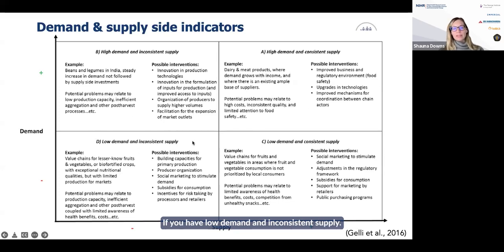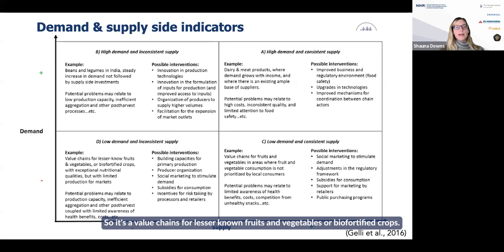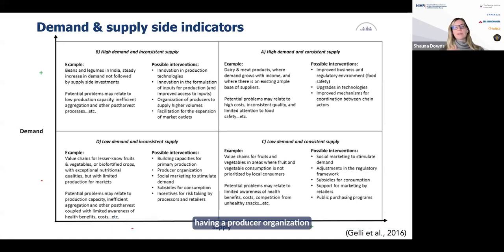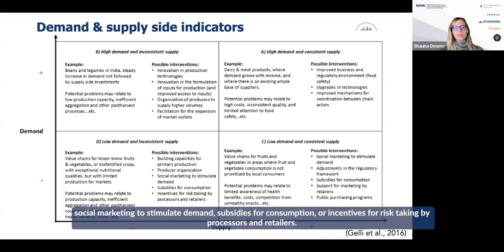If you have low demand and inconsistent supply, so say value chains for lesser known fruits and vegetables or biofortified crops, possible interventions might be building capacities for primary production, having a producer organization, social marketing to stimulate demand, subsidies for consumption, or incentives for risk taking by processors and retailers.